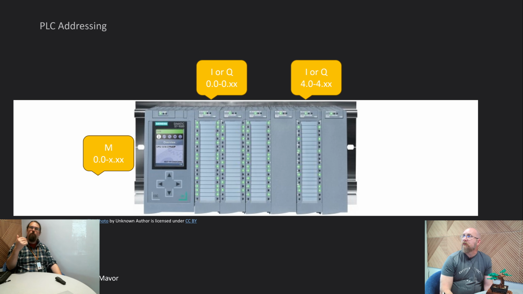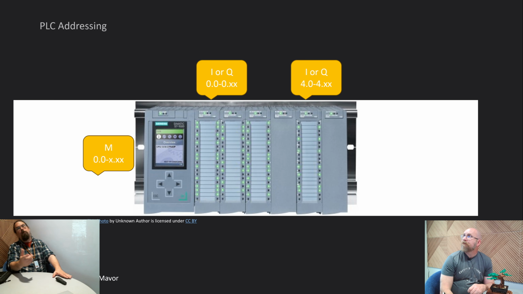And this holds true for input or output pins. They do get a different prefix so we can tell them apart: I for input, Q for output. But the addressing scheme otherwise stays exactly the same, regardless of how many modules are placed on the PLC. They start at 0 and ascend in their address value.